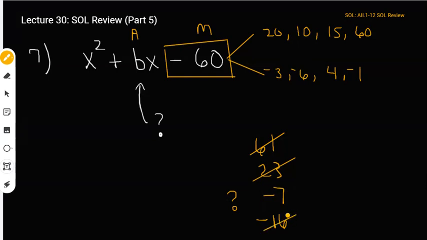So I'm going to cross through that. So the only one that seems right is going to be the negative 7. Now, how can we add up to a negative 7? Let me erase this b right here. And I'll put a negative 7 right there.